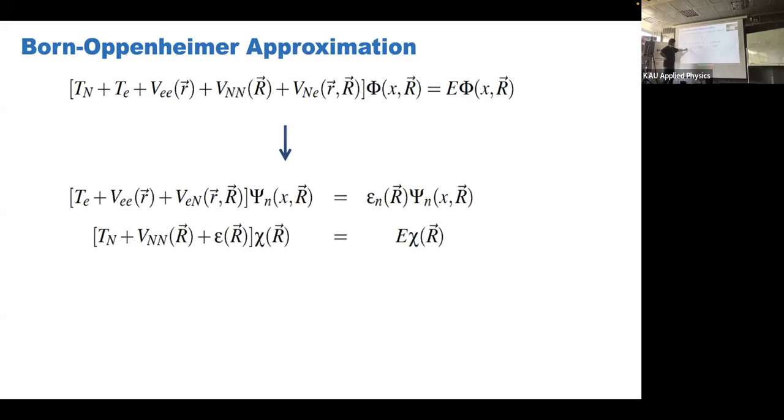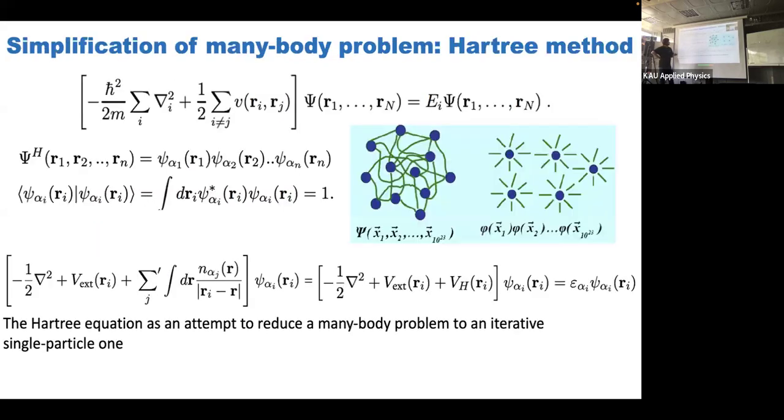We say that these nuclei are too huge, too big, so we just remove this from our equation. We get only the electrons and some external field of the nuclei, as you have said. That's the idea, and it's very useful because we really make our system simpler.